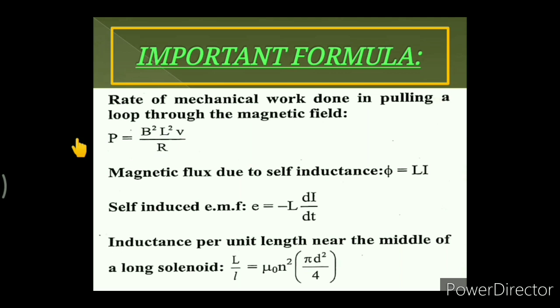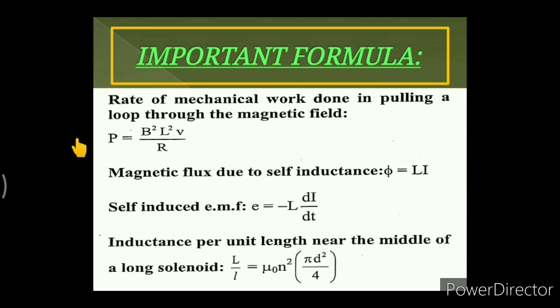Then we have studied self-inductance. The production of induced EMF in the circuit or a coil itself on account of a change in current in it is termed the phenomenon of self-inductance.